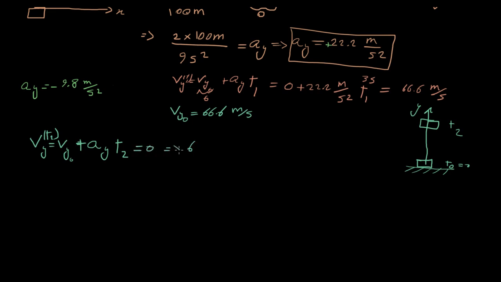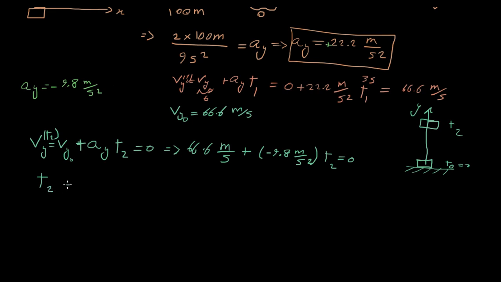Therefore 66.6 meters per second plus ay, which is minus 9.8 because it's only gravity again, times t2, which we don't know and are going to find, equals 0.